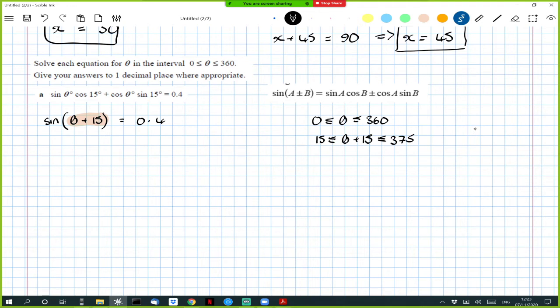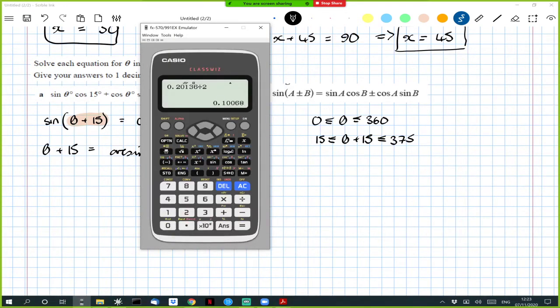So inverse sine both sides, we get theta plus 15 equals arc sine 0.4. And let's work that out on a calculator. Make sure it's in degrees because the actual question's in degrees as well.